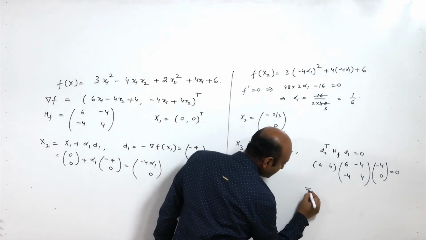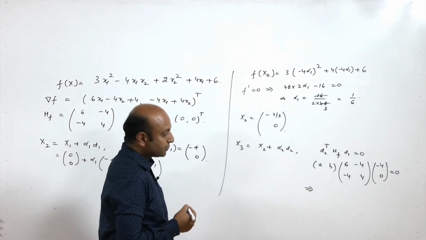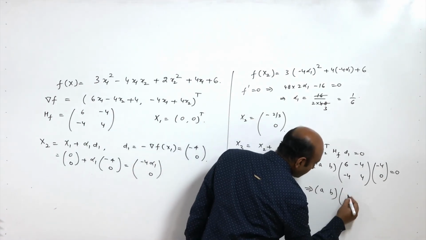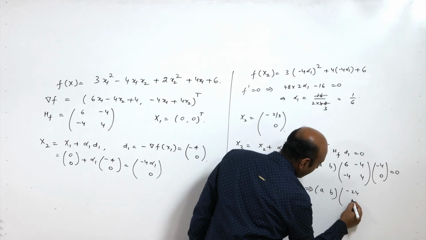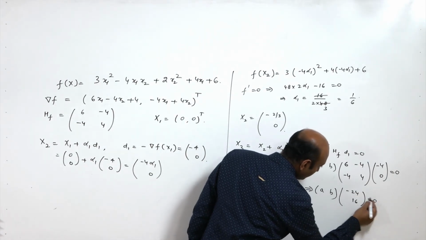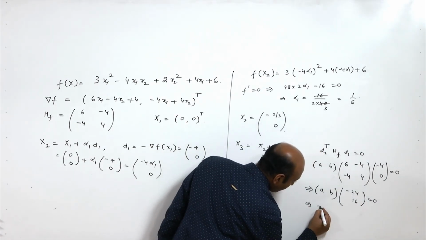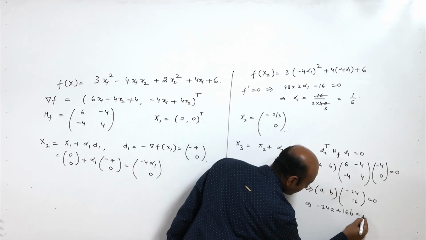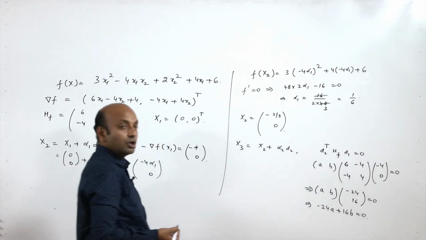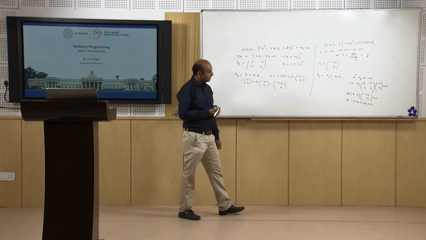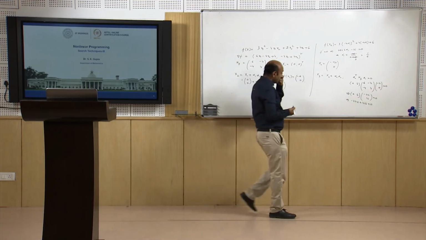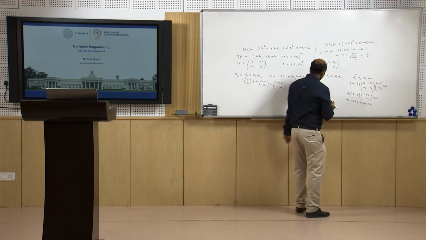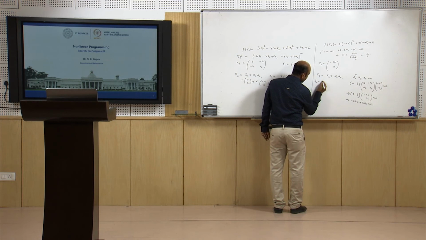So, this implies (a, b) times (minus 24, 16) should be 0, and this implies minus 24a plus 16b should be 0. You can choose any a, b satisfying this equation. If you take a as 2, b can be taken as 3. So, d2 will be (2, 3).